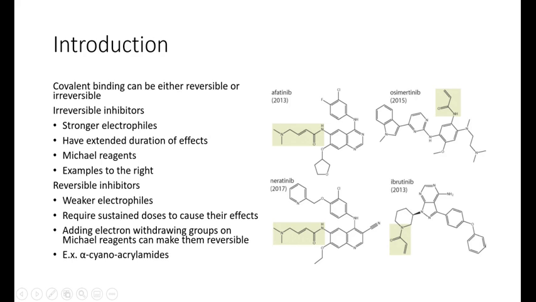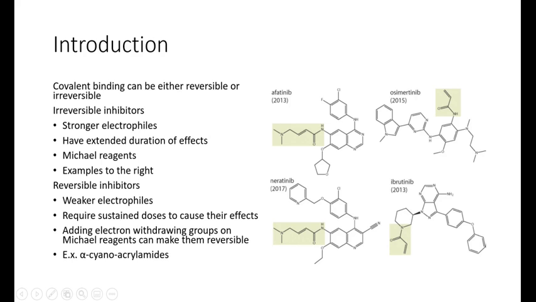Generally, reversible inhibitors require a sustained concentration in the blood plasma to continuously mediate their therapeutic effects, whereas the therapeutic effects of irreversible inhibitors can be induced for extended periods of time because recovery of protein activities requires new synthesis of the protein target.